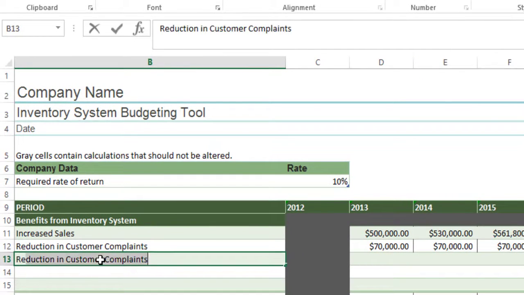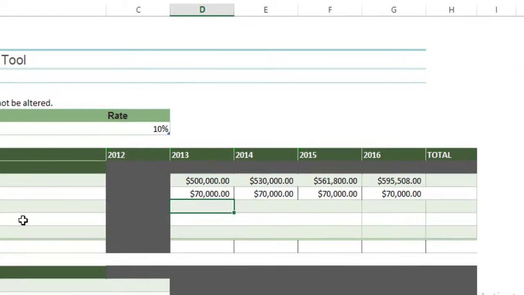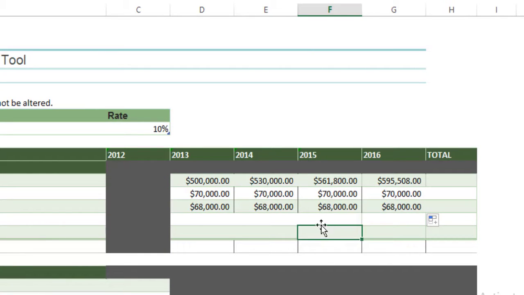Then reduction in inventory costs. So 68,000, which again is the same across the 4 years.